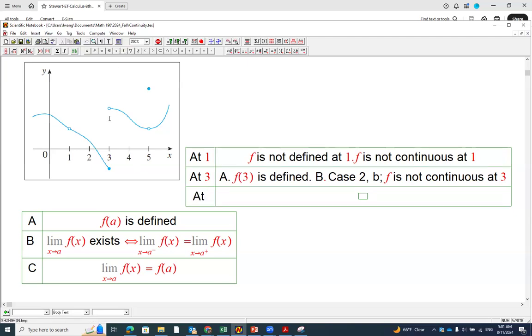So let's look at point 5. At point 5, you can see f is defined. It is defined.